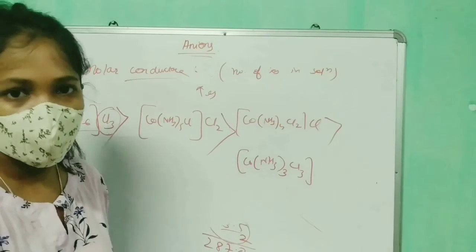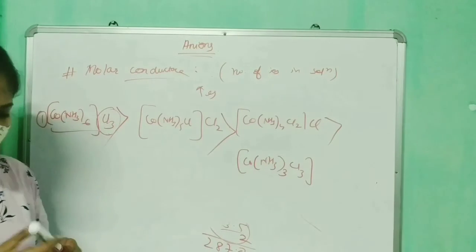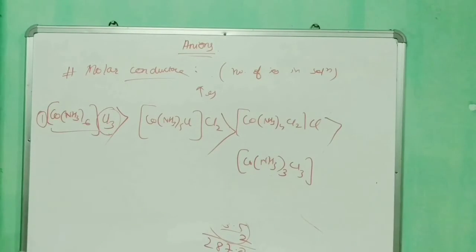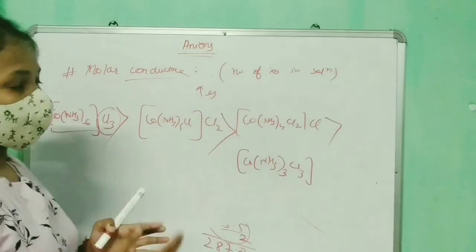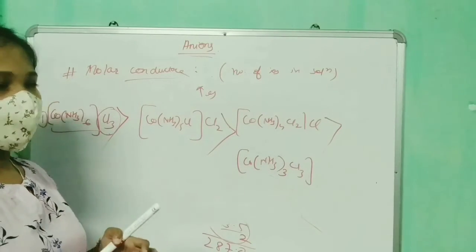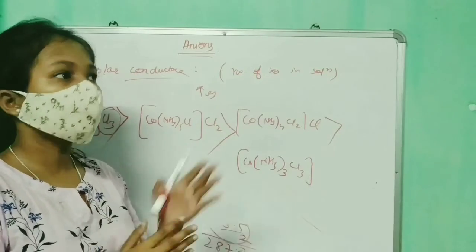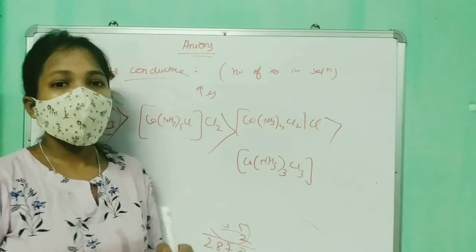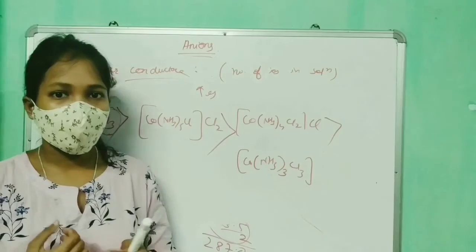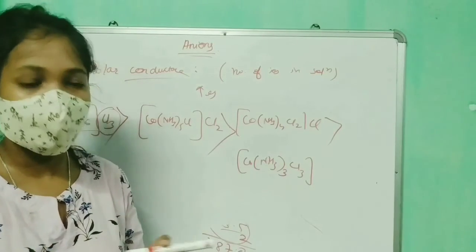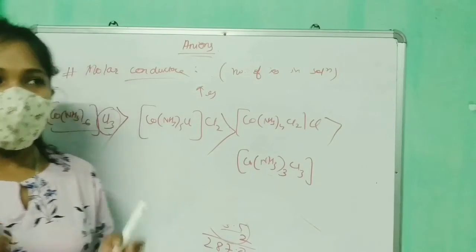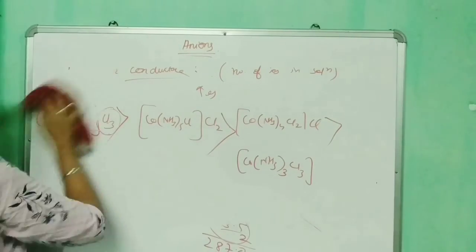drawn out by Alfred Werner, and with these he formulated all his ideas in order to depict the structure of the coordination compounds. Now the first compound, let me wrap it and write it here again.